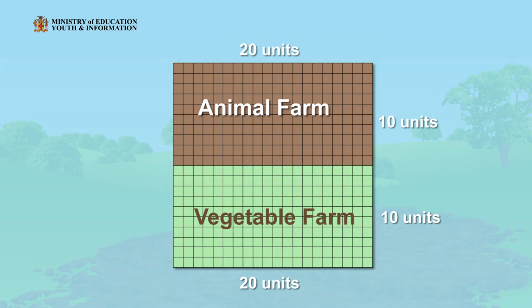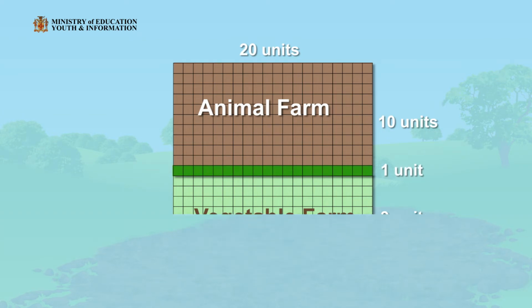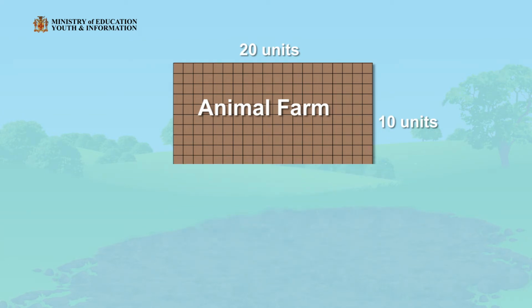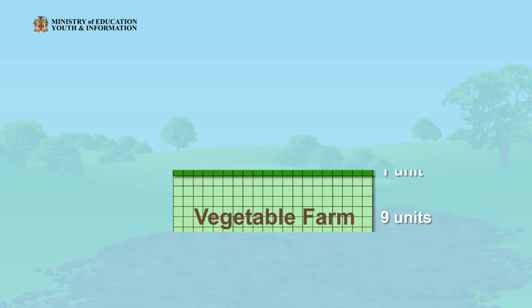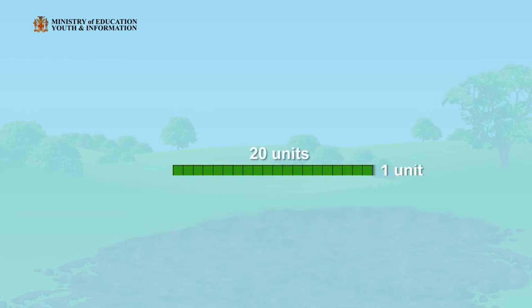But since I need at least 1 square unit between the plants and the animals, I will need some open land here. I will take 1 unit of length from the vegetable plot for my open land. So, I will have for the animals 10 units by 20 units. For the vegetables, 9 units by 20 units. And for my open land, 1 unit by 20 units.